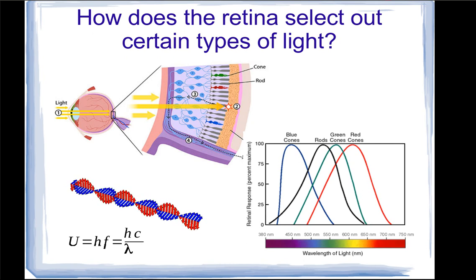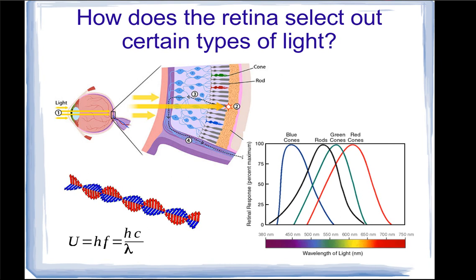So if we return then to the original question of why our eyes can only respond to visible light and not, for example, infrared light, where there's lots of total energy in infrared light. There are electromagnetic waves that have a wavelength of, say, 10 microns, which is smack in the middle of the infrared spectrum. There's lots of energy there, but it comes in energy packets that are quite small because the wavelength is quite large.